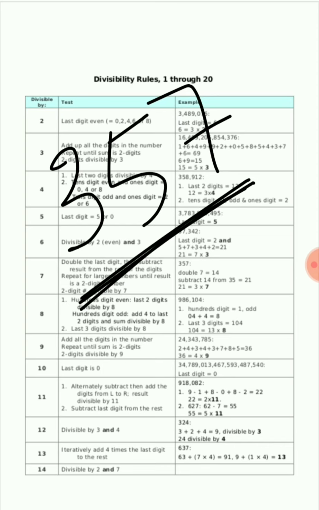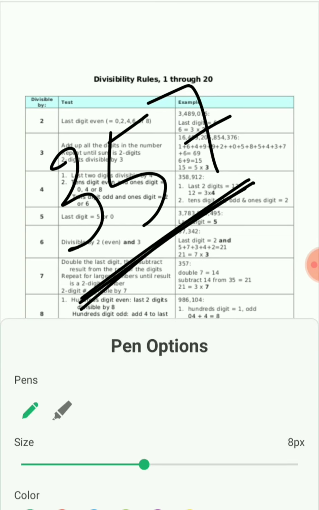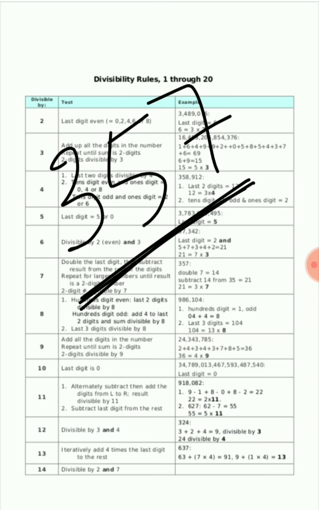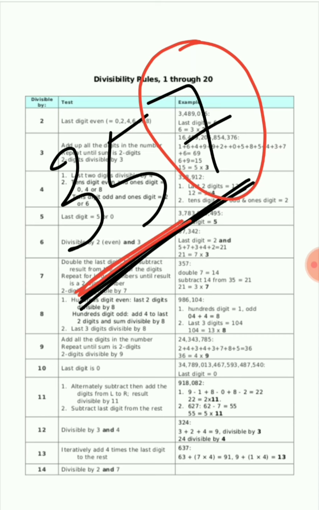To check, we just truncate the last digit and the remaining number is 35. Then we subtract double the last digit from the remaining number. What is this? 35 minus 2 into 7.